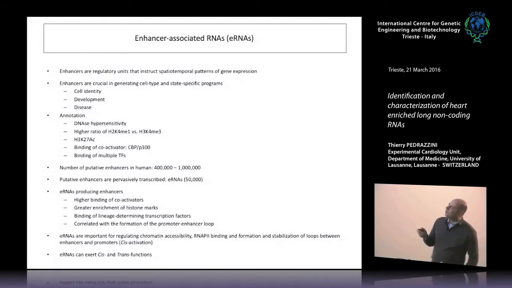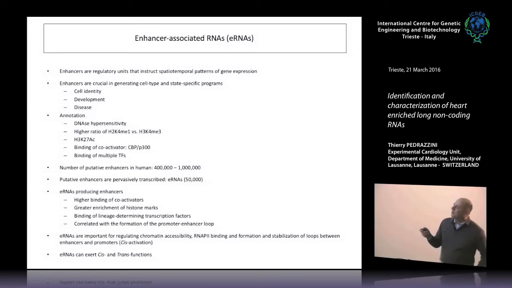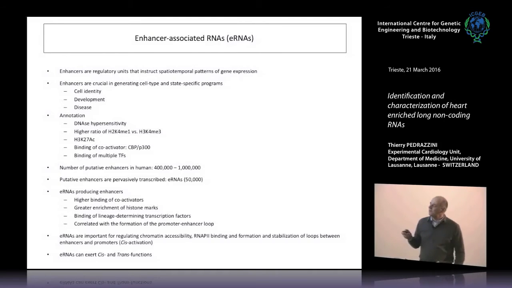Now, just a quick word about enhancers. So enhancers, as you know, are regulatory units that instruct gene expression, spatial and temporal gene expression. Now, they're very important for defining cell identity and during development and disease. And you can annotate enhancers based on different parameters.